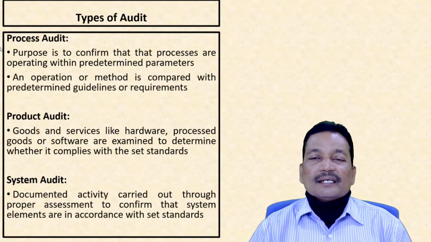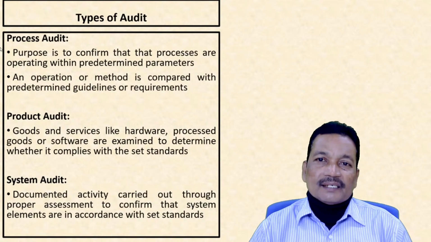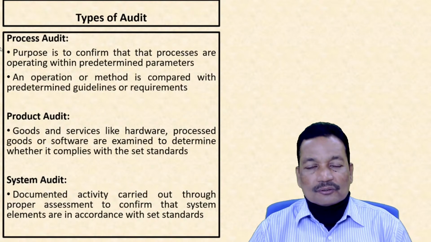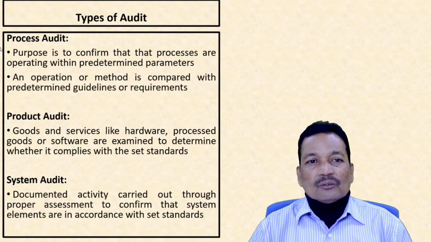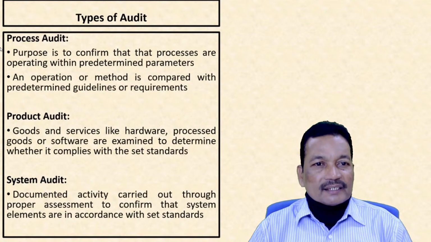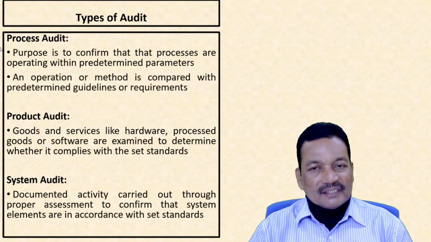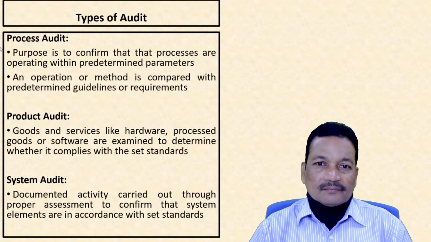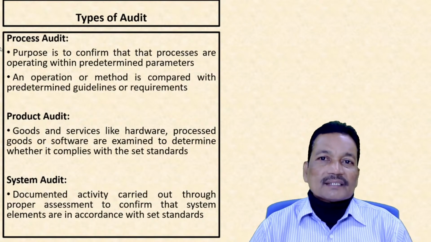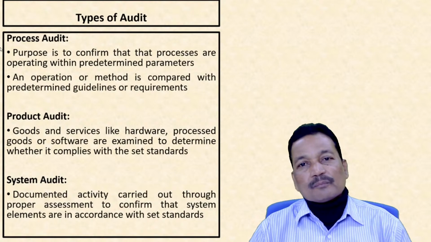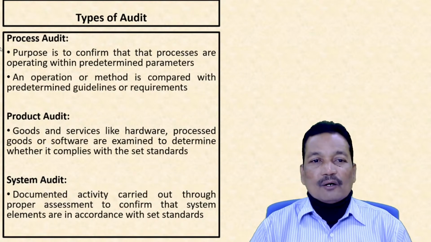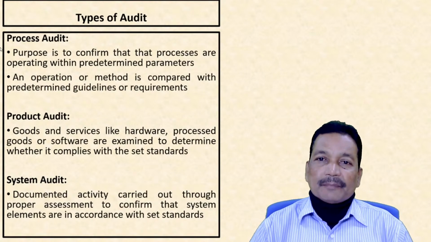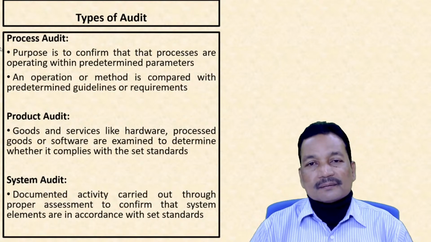That means in terms of quality as well as cost and in the right time. So when we are talking of process audit, here we are talking of the conversion processes. Whether the conversion process is operating with predetermined parameters.